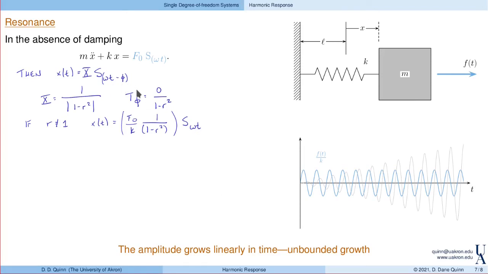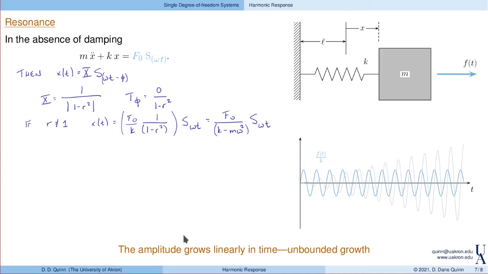I basically pulled this phase shift out into the amplitude, and the numerator becomes signed again. Or written back in terms of the physical parameters, f naught divided by k minus m omega squared times sine omega t.